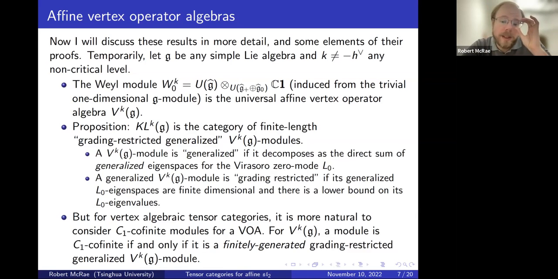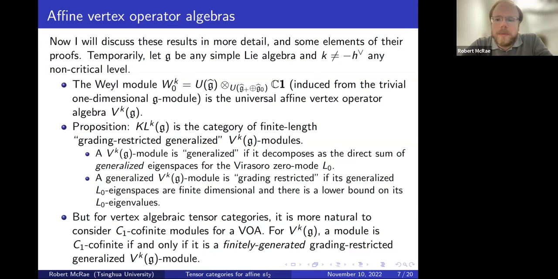These grading restricted properties are certainly satisfied by the simple modules L_k(lambda), which are the quotients of the Weyl modules. Those are the composition factors of objects in KLK. So if you take a finite length module which contains those composition factors, then it is grading restricted and generalized, and conversely, a grading restricted generalized module is in KLK if it has finite length.